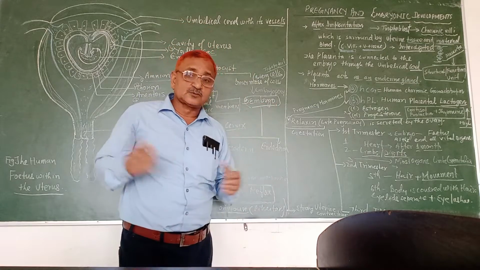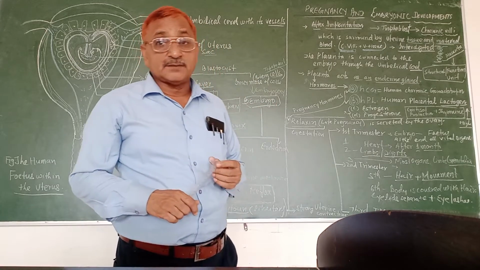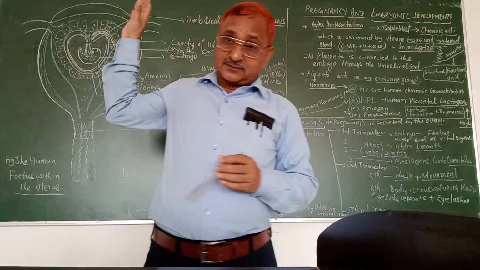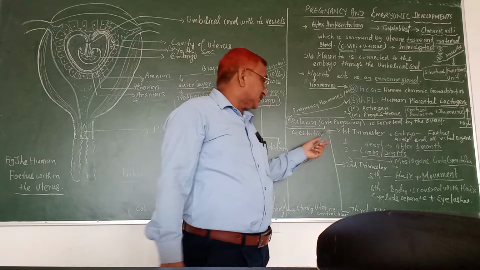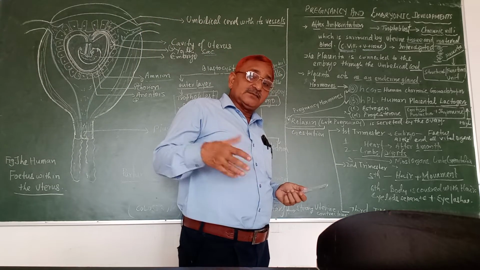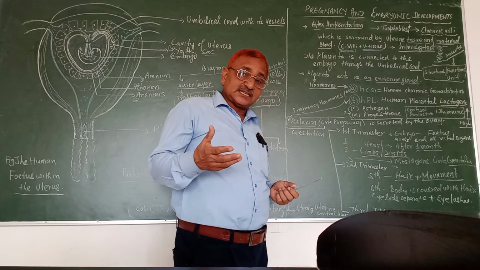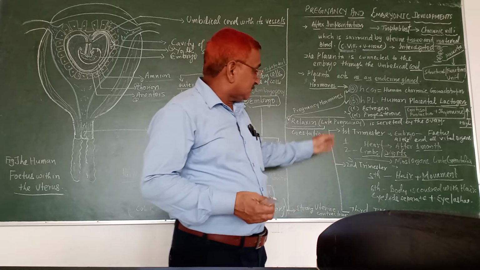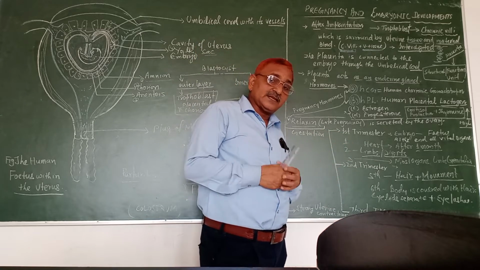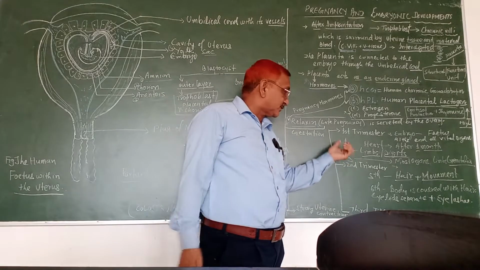So throughout the 280 days, the fetus remains in the mother's womb and slowly develops through embryogeny, then morphogenesis and organogenesis. The group of cells differentiates to form the different organs.